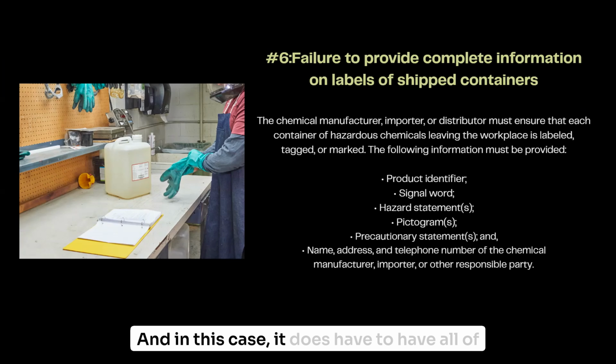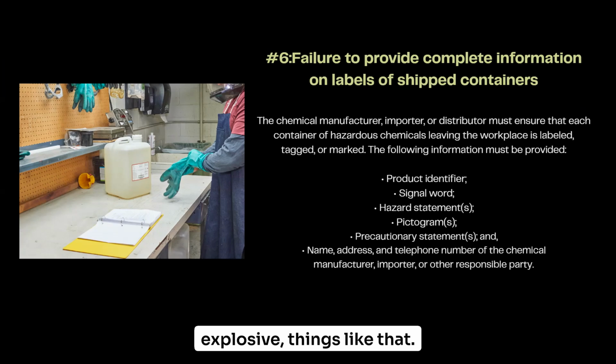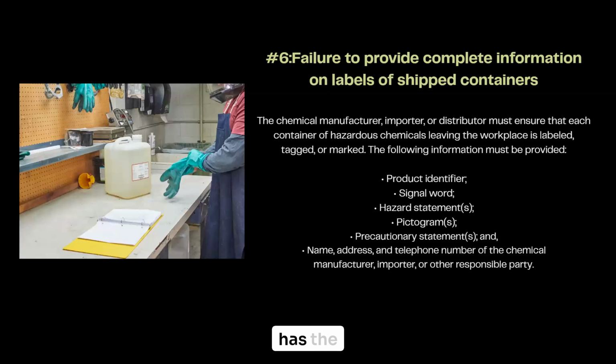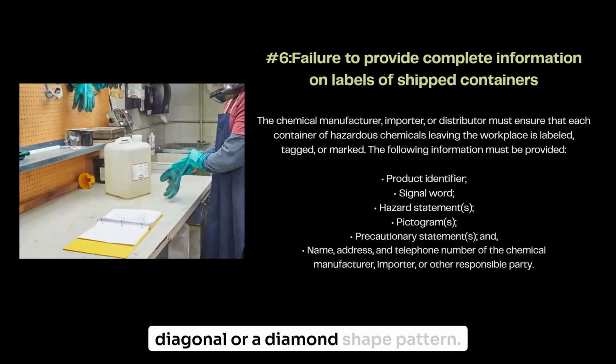And in this case, it does have to have all of the identifiers: the product identifier, a signal word, which is fire, inhalation, explosive, things like that. It has to have the hazard statement stating that that is a hazardous chemical and why. The pictogram that they've come up with that has the diagonal or diamond shaped pattern.